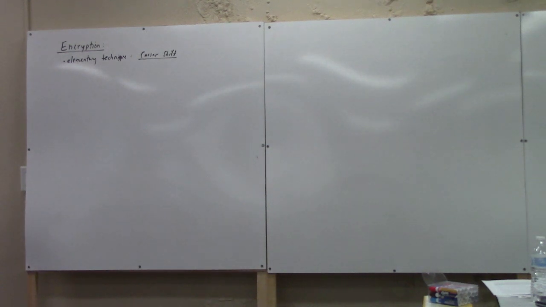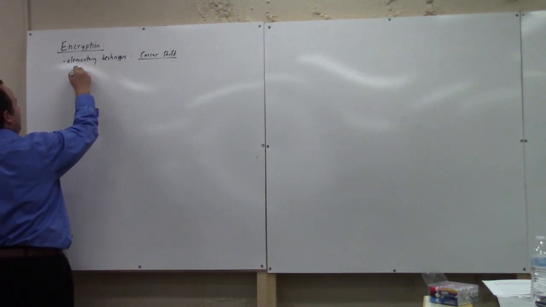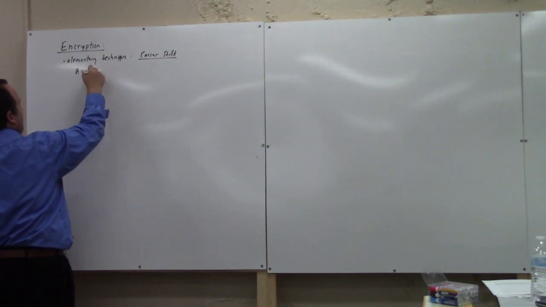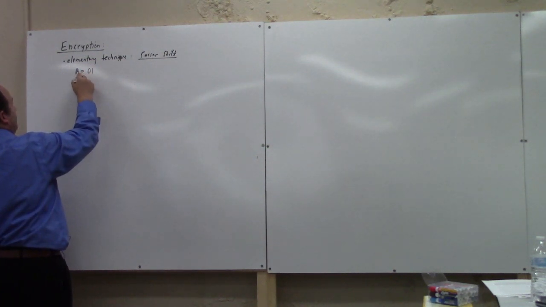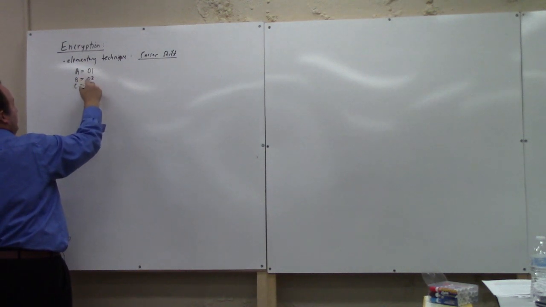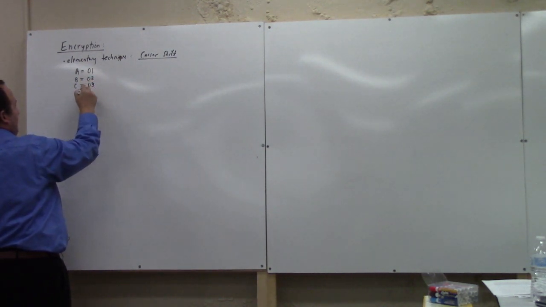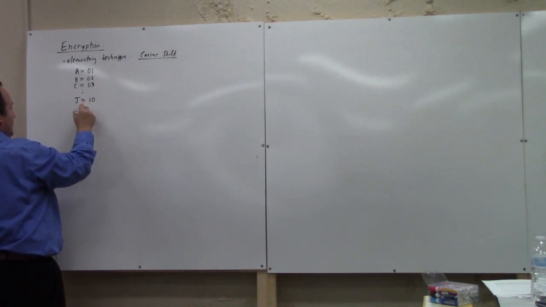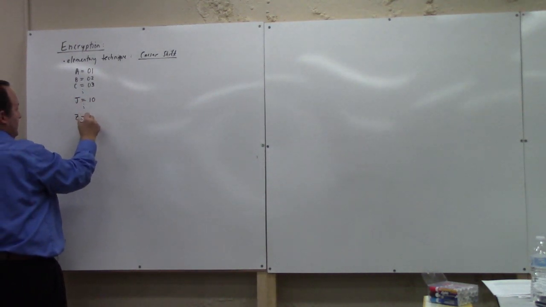Usually we have in mind something like A equals 01, B equals 02, C is 03, etc. You get down to J is 10, and so forth. Z is 26.